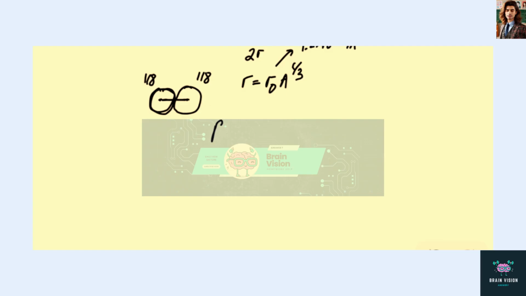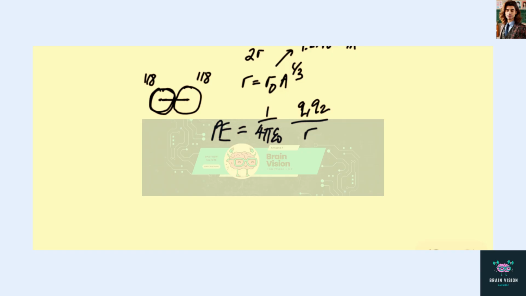Then we can find the potential energy, which is given as 1/(4 pi epsilon naught) Q1 Q2 over R. And the Q in this case will be equal to half the number of protons in our uranium.